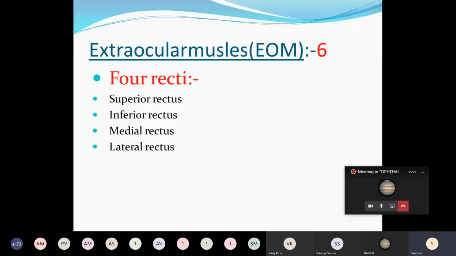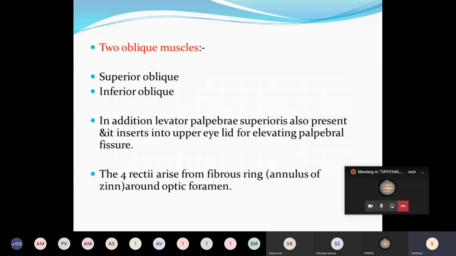They are self-explanatory. The various actions depend upon their names only. And you have 2 obliques, superior oblique and inferior oblique. In addition to these 6 muscles, you have the levator palpebrae superioris, which is also considered as one of the extraocular muscles. It helps in widening the palpebral fissure.